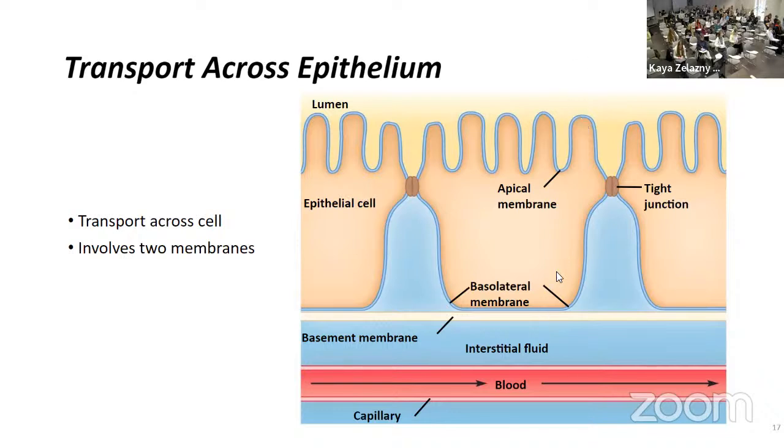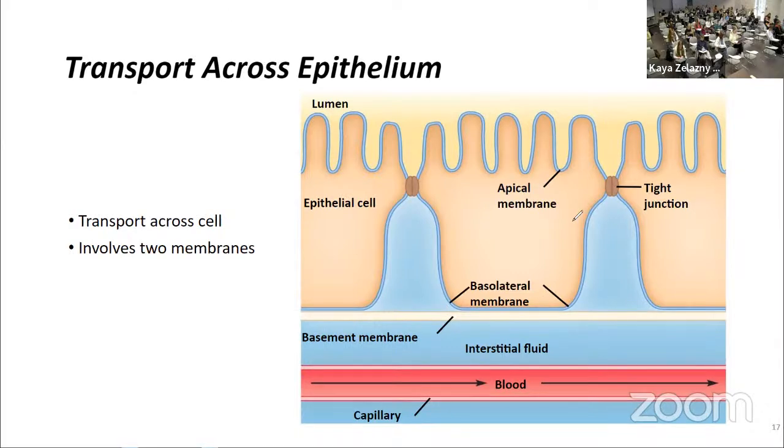So when we have transport going across the cell, we're going to want to be able to name the different sides of our cell. So for epithelial cells, epithelium is where you have the lining of some body cavity or like the outside of the body. So here specifically what we're looking at is the lining of your intestines.